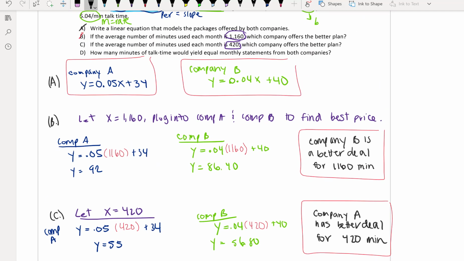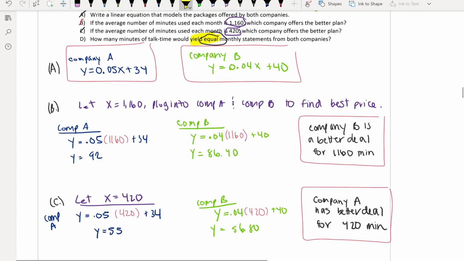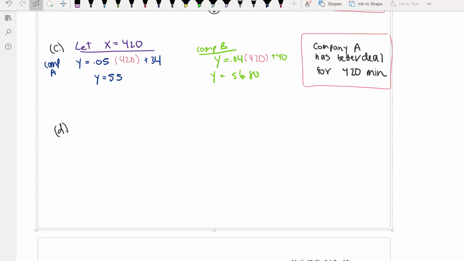So there's also a part D that we want to figure out. So we did A, we did B, we did C, now part D. It says how many minutes of talk time would yield equal monthly statements from both companies. So basically the key word here is equal. When will these two companies be equal? So what you do is you set each equation equal to each other.